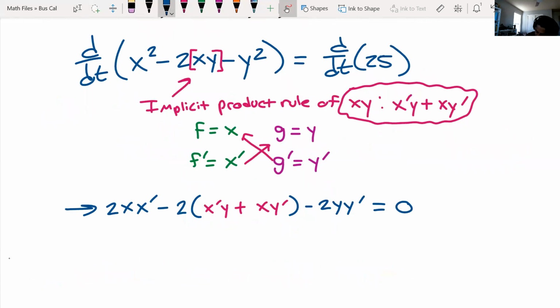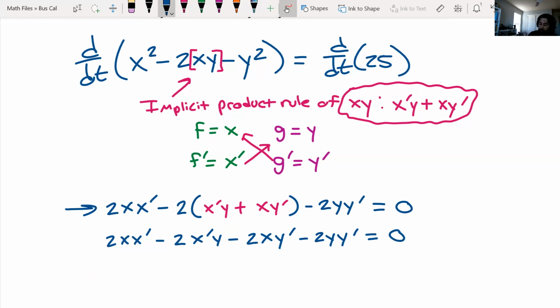All right, just going to rewrite this. 2x x prime, distribute that -2, -2 x prime y minus 2xy prime minus 2y prime equal to 0. Now we're solving for x prime, so I'm going to move everything over that doesn't have an x prime.